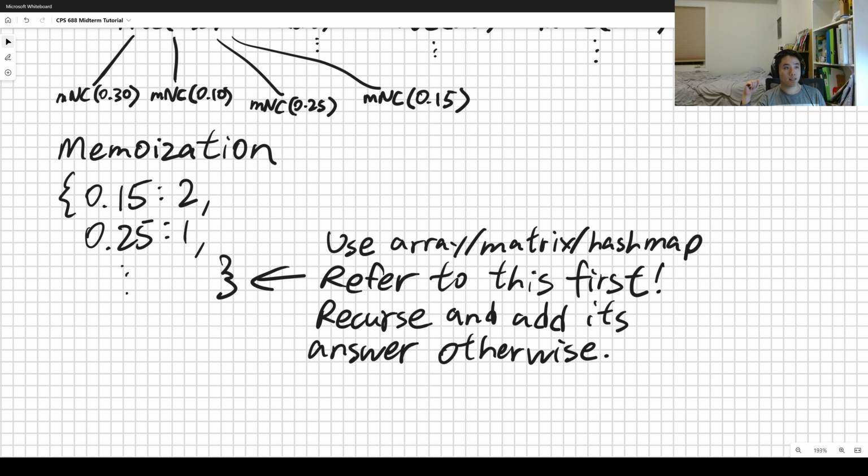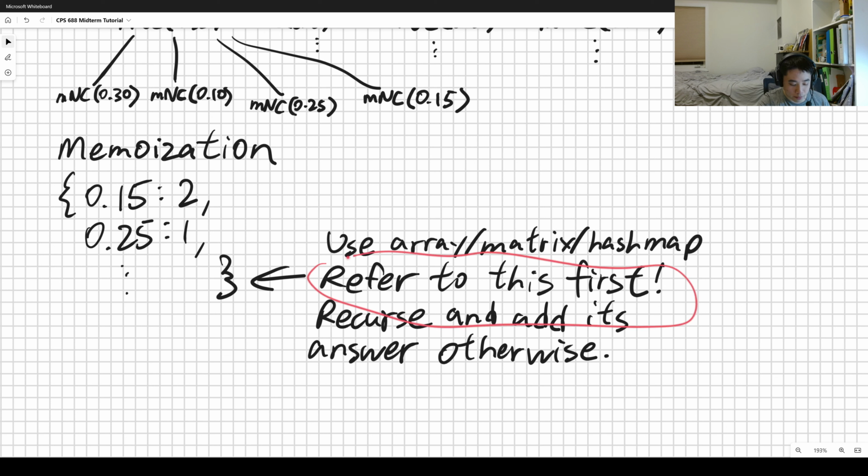Okay. All right. So now I am running out of time for sure. So does anyone have questions you would like me to do? So with memoization, one more thing: you look up the answer first.